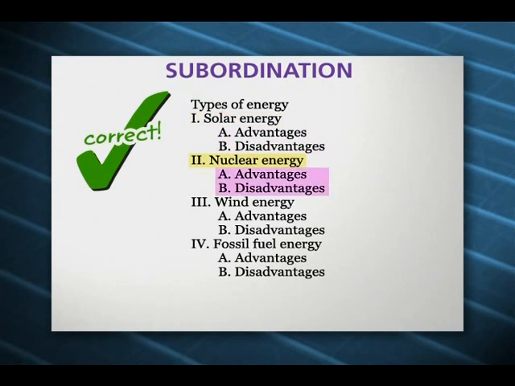If I wish to continue this outline, I might perhaps have wind energy. Under that, advantages and disadvantages. Fossil fuel energy, and then under that, my advantages and disadvantages. Now I've placed the most important ideas first and the least important ideas lower down the line.